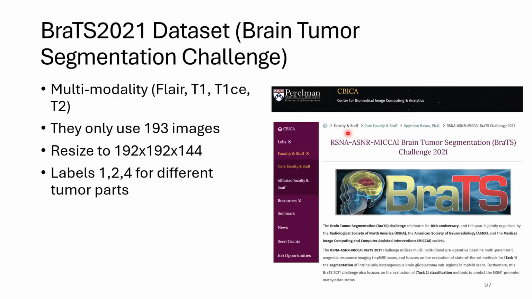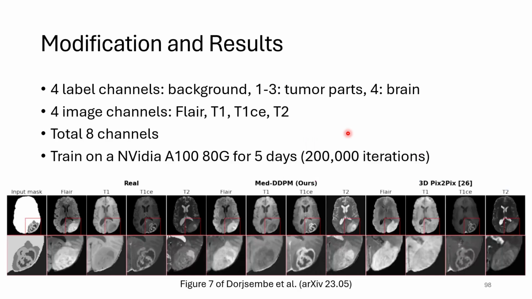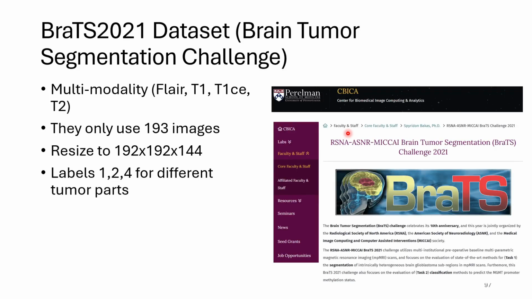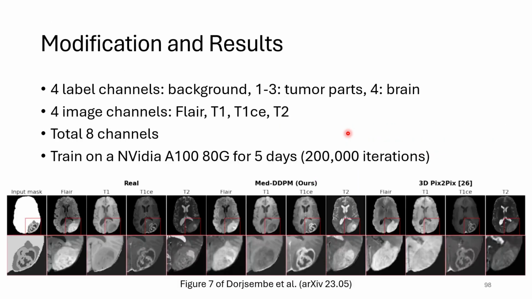Okay. So they try another dataset called the BraTS dataset. And okay, well, the difference of this dataset is there are multiple tumor types. There are 3 tumor types. So again, they use the same model, just increase the number of channels and train their algorithms on an A100 machine for 5 days, and this is the result.